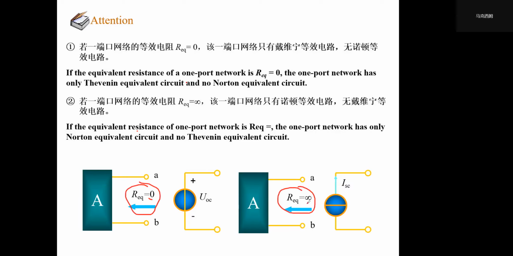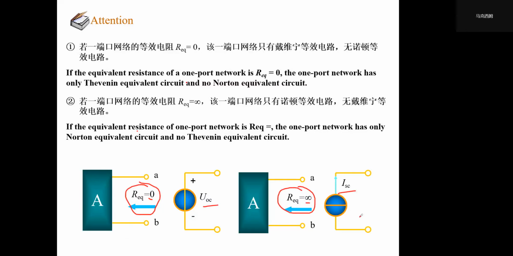So one is 0, one is infinite. When equivalent resistance equals to 0, there's only the Thevenin equivalent circuit. When the equivalent resistance equals to infinite, then we only have the Norton equivalent circuit.